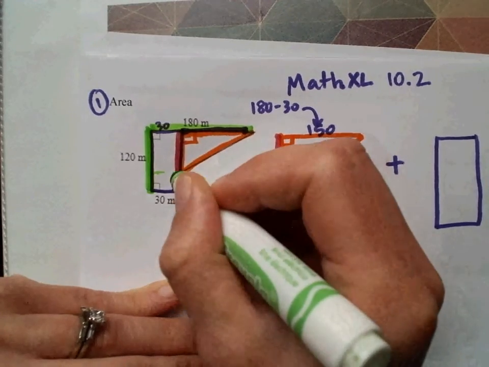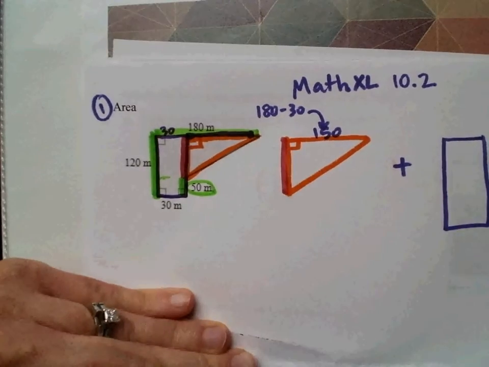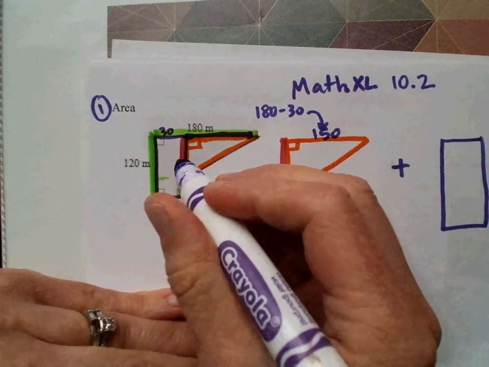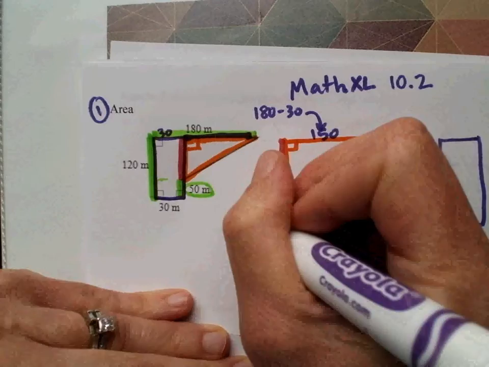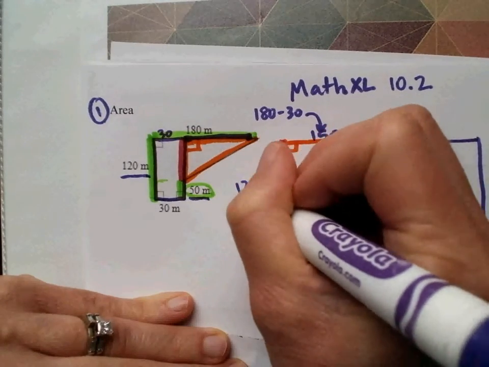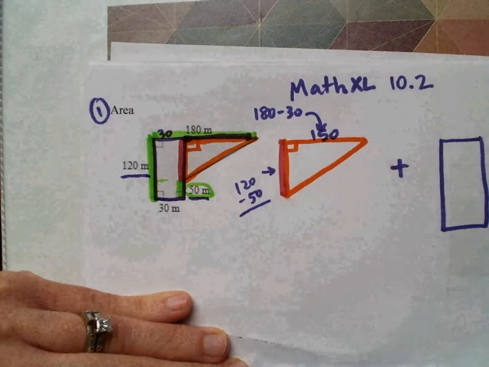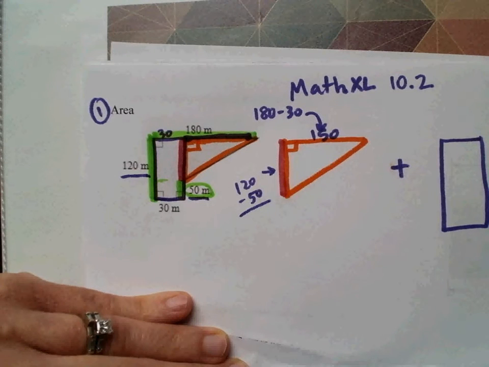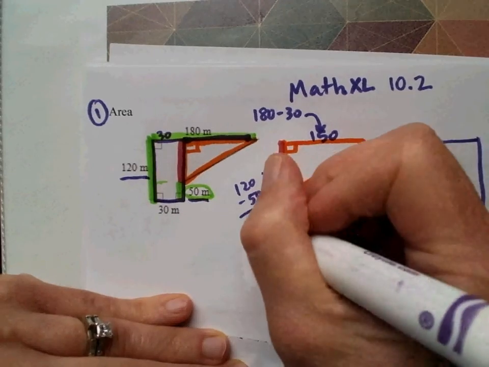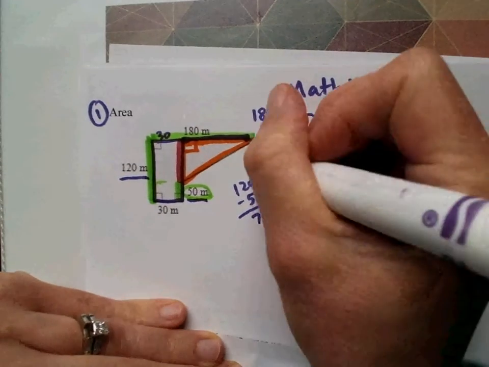From there to there is 50. So I'm going to do 120 minus 50 to get that pink line. And 120 minus 50 is going to give us 70. So this number right here is 70.